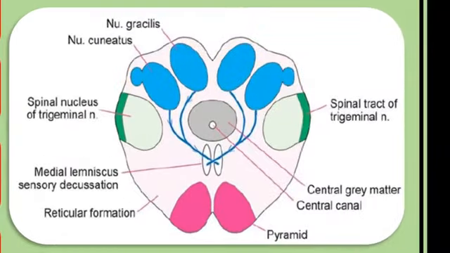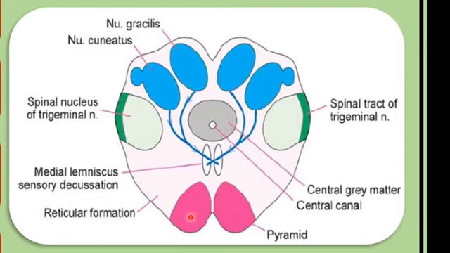The central canal here, the central gray matter, the nucleus gracilis, nucleus cuneatus, and the spinal nucleus of trigeminal nerve and the pyramid are still seen to be at the same level we saw them at the level of pyramidal decussation.